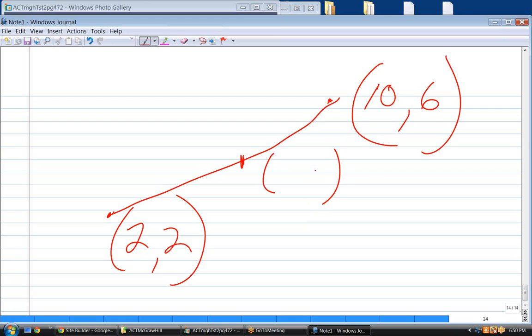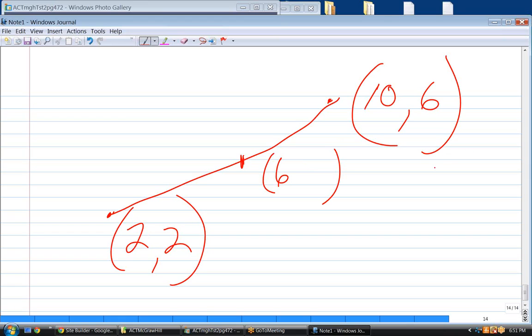If you don't know how to figure it out, pick some numbers and just do trial and error. Is it 5? No. Is it 6? No. Would it be 4? It's 6. Oh, 6 is 4 from 10 and 6 is 4 from 2.